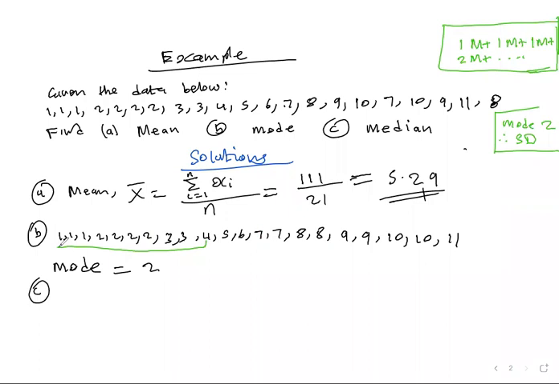You can also count 10 again from the far end. 1, 2, 3, 4, 5, 6, 7, 8, 9, 10. If you count 10 this side, this number in between is your median.